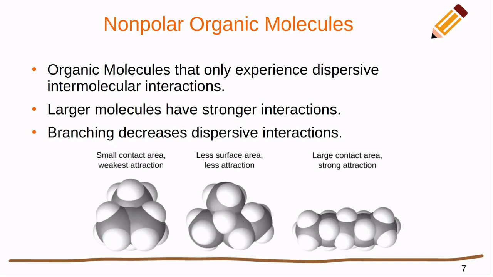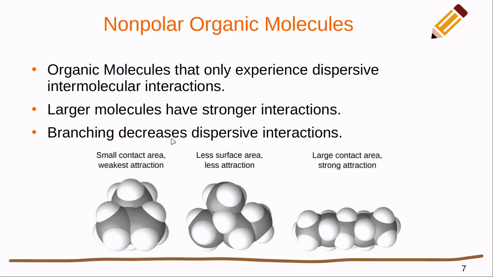So, for instance, let's take a look at some organic molecules here, what we call nonpolar organic molecules. These are organic molecules that only experience dispersive intermolecular interactions, and they often just have carbon and hydrogen. The larger of these molecules are going to have stronger interactions.